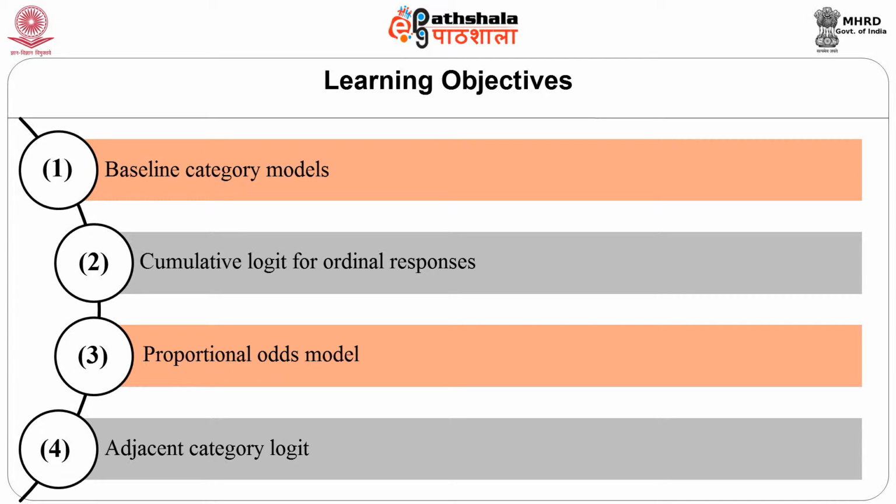We shall first look at the baseline category models for the case where we have a nominal polytomous response. We shall next move to ordinal responses and look at some of the approaches for this kind of data, namely the cumulative logit for ordinal responses, the proportional odds model, and the adjacent category logit model.